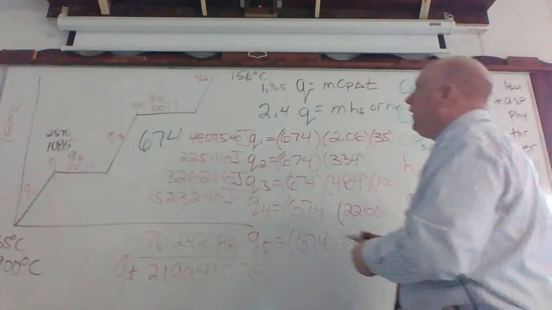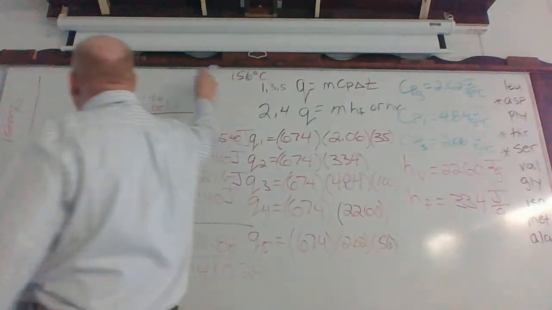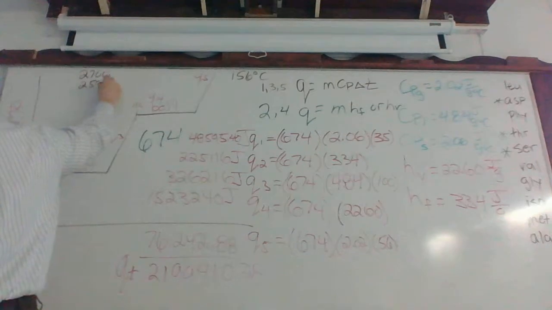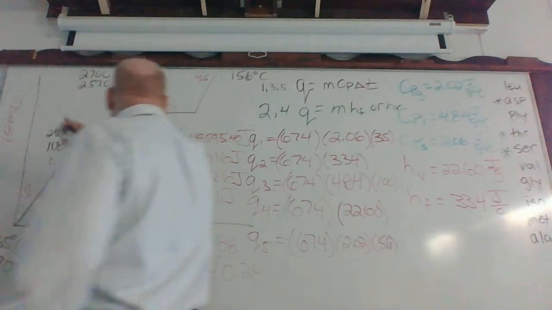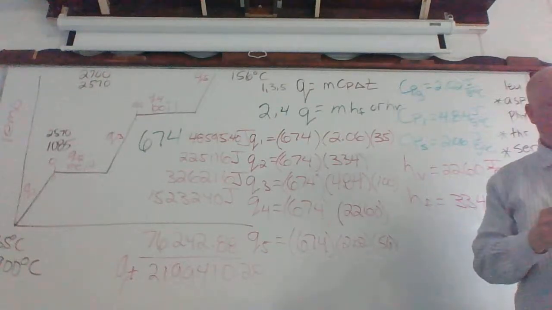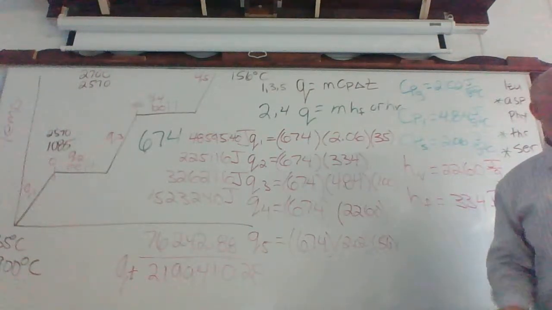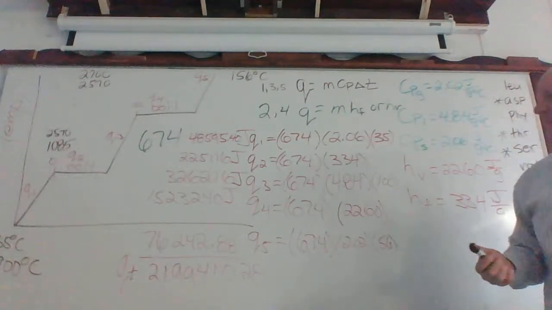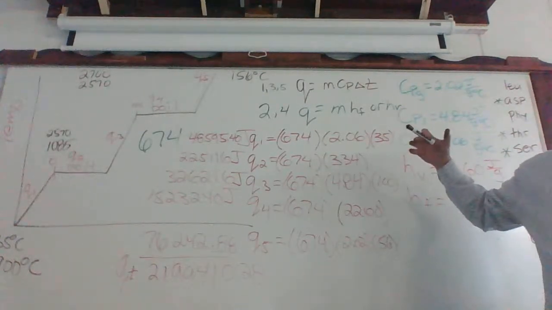Then in the final step, we're going up to 2700, and we've got 2570. Subtracting those two numbers, that would go here. So when you start putting all these pieces together, it's really not that difficult, I don't think.